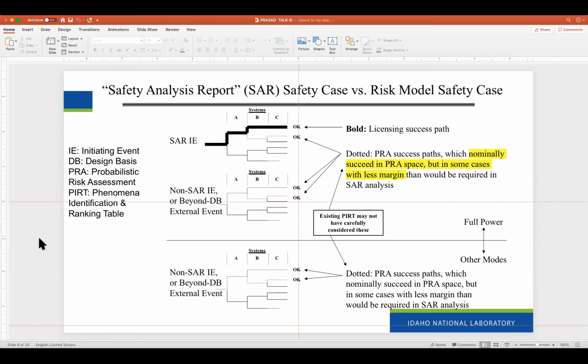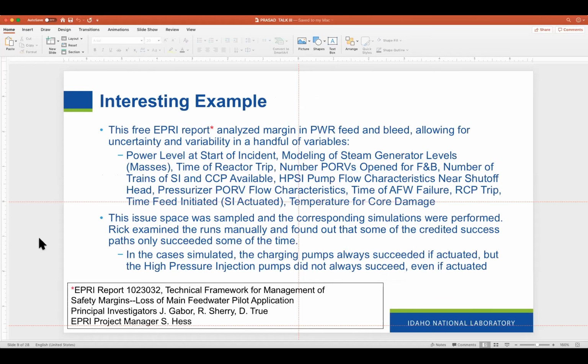Maybe some of them are going to be hard to ensure on an ongoing basis, but the investment decision is to choose a collection of okay paths and hang your hat on it, assuming that you have analyzed a reasonably comprehensive set of initiating events, and assuming that your success criteria are actually validated the way people may do now, but certainly we weren't doing in the early 80s, which is where this counterexample came from.